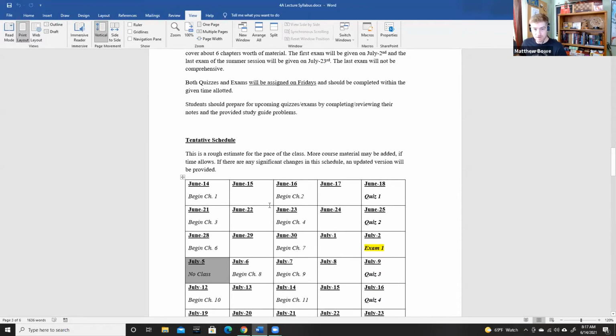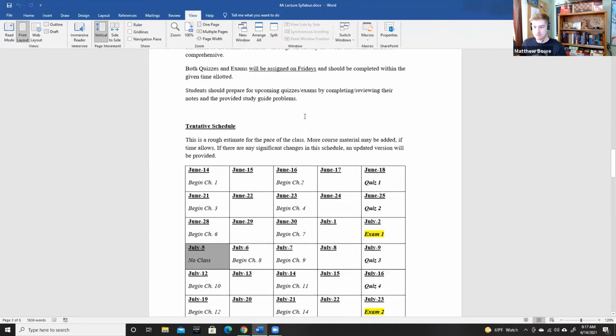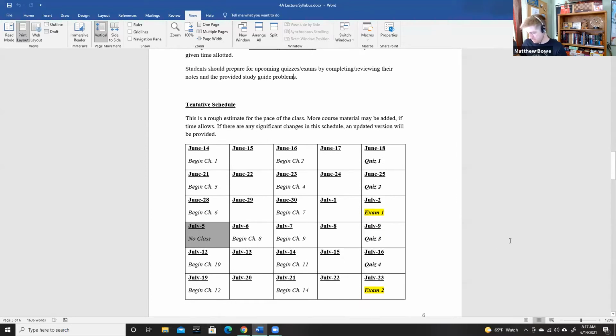Now here's something I have right here: both quizzes and exams will be assigned on Fridays. This is something that I was thinking about this weekend, and I would need a vote from everyone, or everyone's opinion on this. Let's see how many people are here. 7.